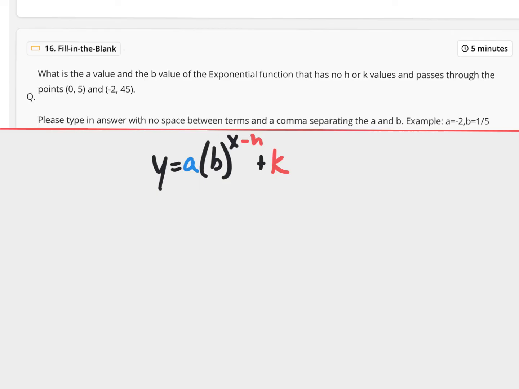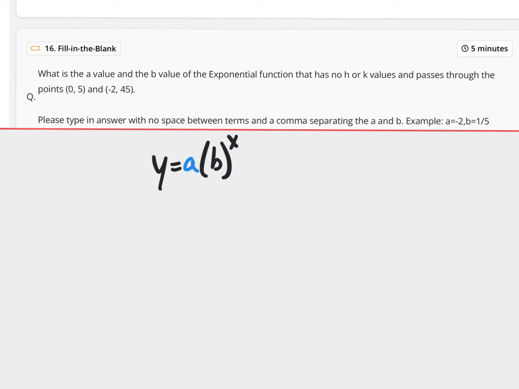This is what we want. However, they tell us that it does not have any h or k values. So we could erase the h and the k. And they want us to find out the a and the b value.